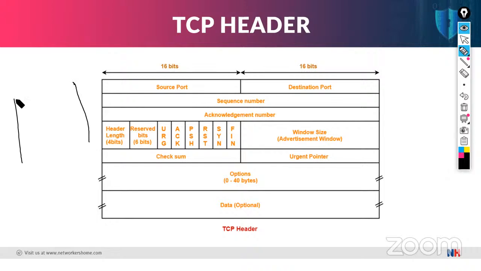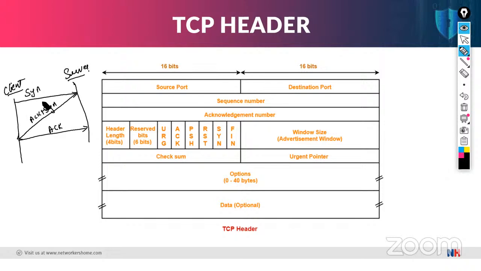There will always be a TCP three-way handshake. First packet will always be the synchronization packet. Second packet will always be a SYN plus acknowledgement packet. And the third packet will be your acknowledgement. So this is client, this is server.